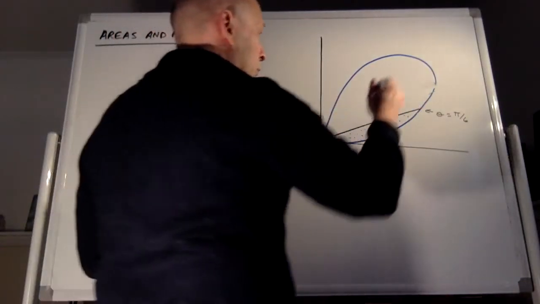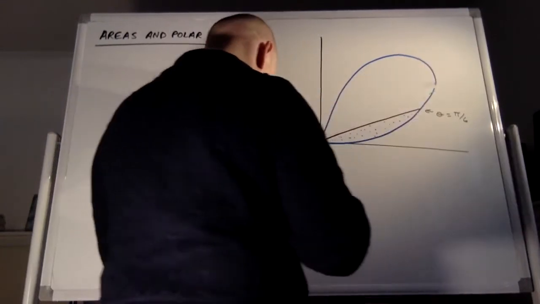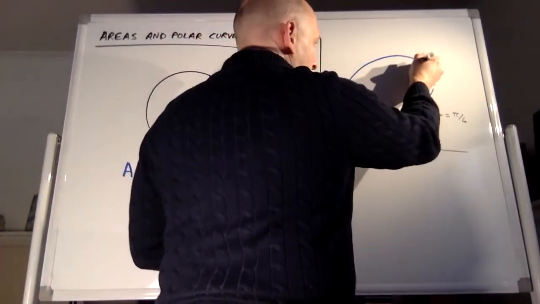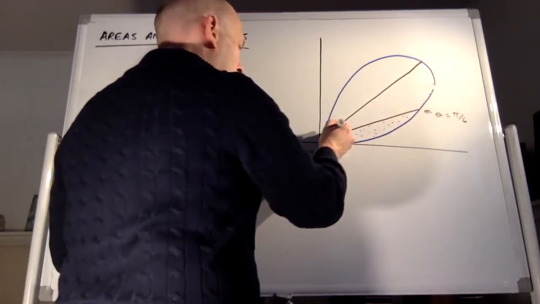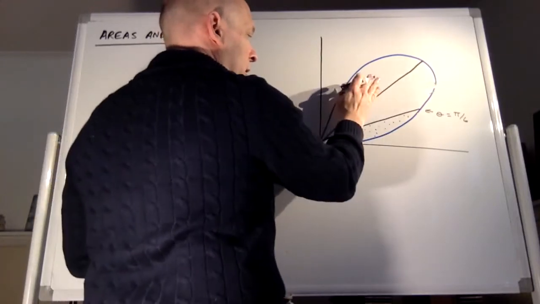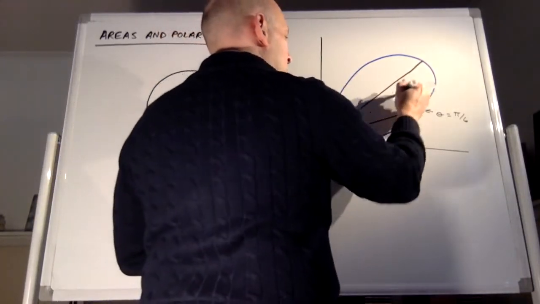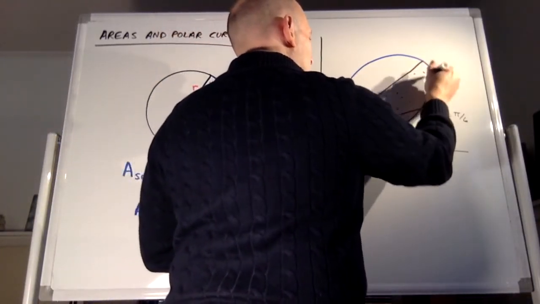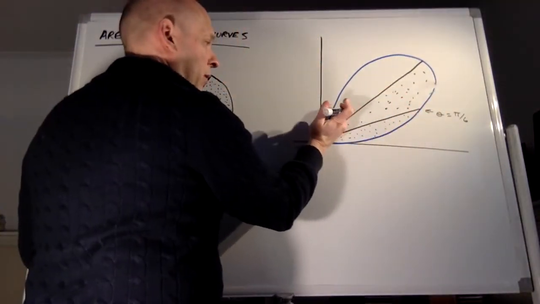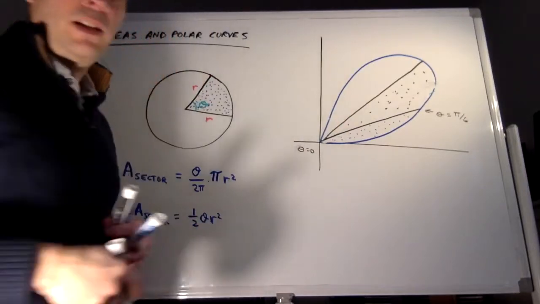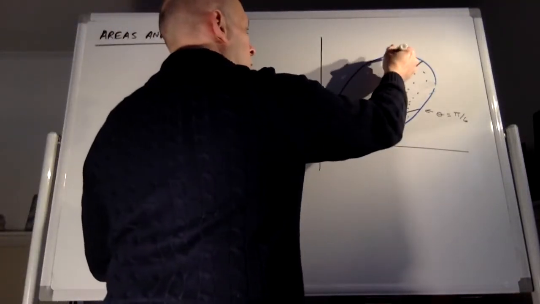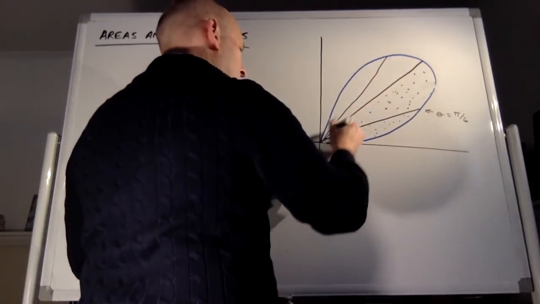If I went to pi over 4 instead, from 0 to pi over 4, then, depending on the geometry of the leaf itself, let's say that's exactly half the leaf. I could get the area of half the leaf if I went from 0 to pi over 4, so now I would have this much area. But of course, we'd have to keep rotating if I wanted the area of the entire leaf. So I could go a little further to here and then all the way to here.